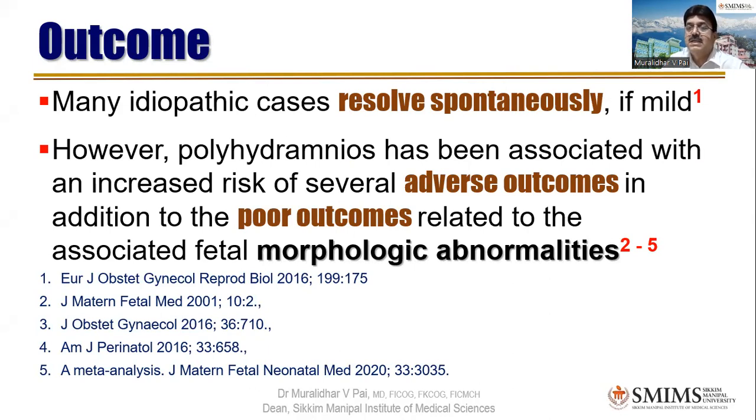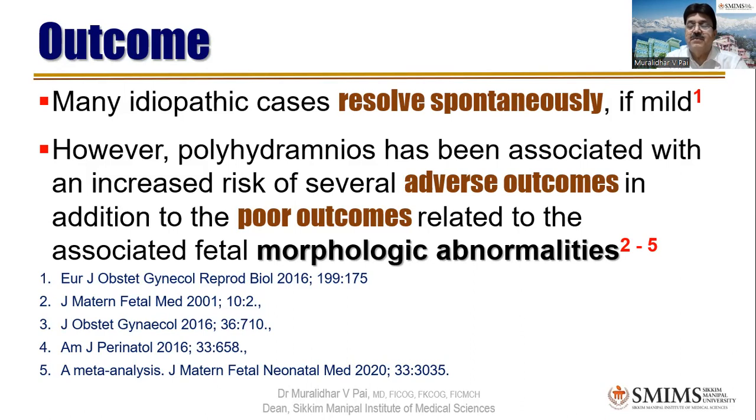This is the meaning of this particular sentence, and you will soon understand when I go further during the management how, in addition to the baby having a problem which is the cause of polyhydramnios, polyhydramnios itself can cause fetal problems later, either towards the end of pregnancy or in labor.